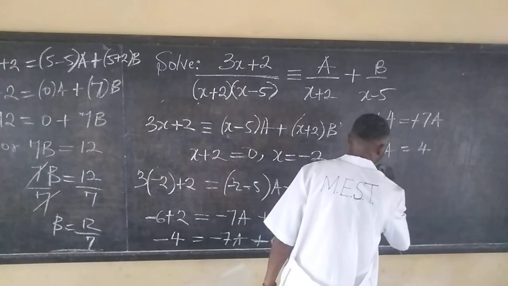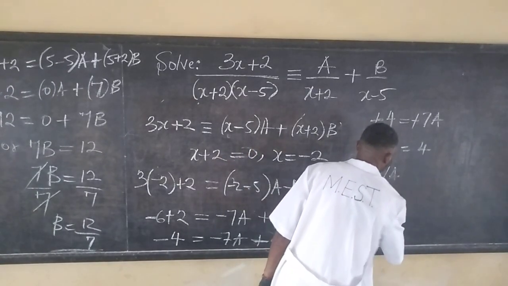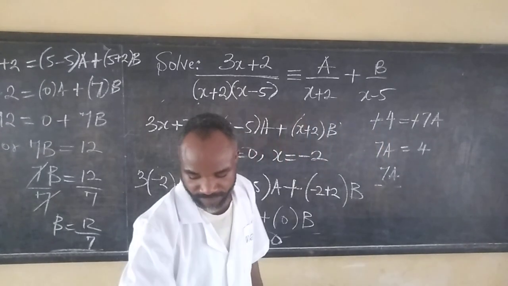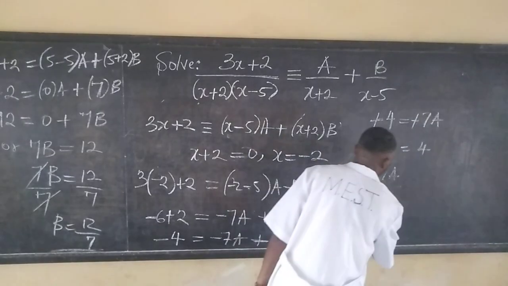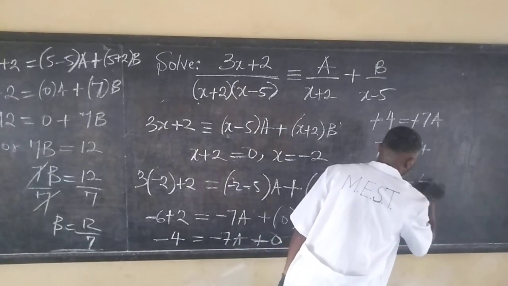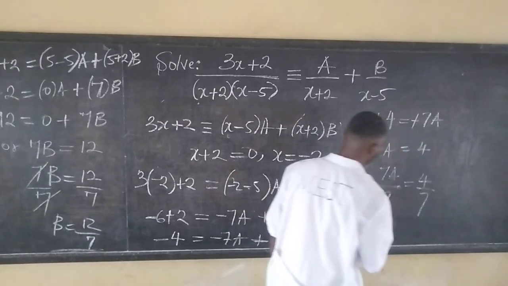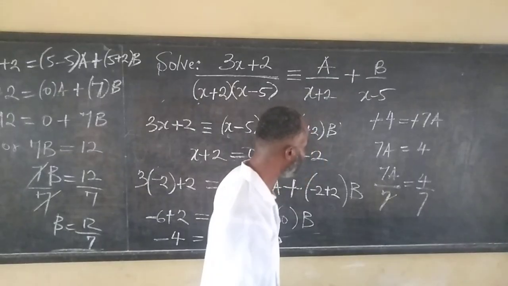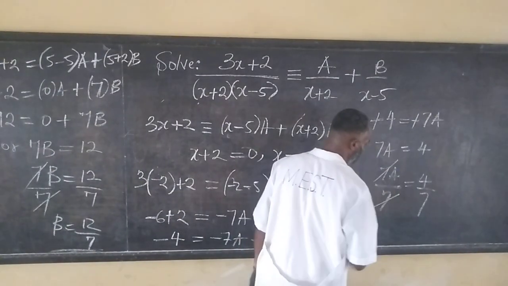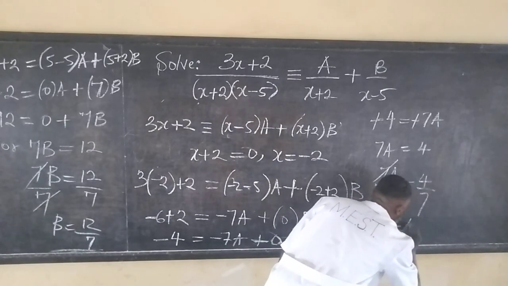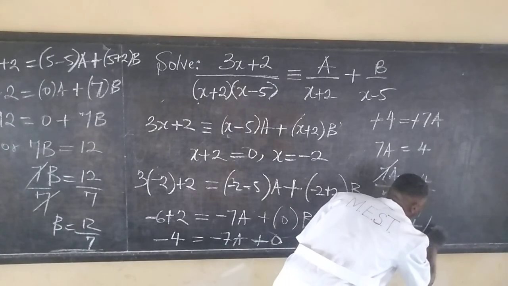It becomes 7a over 7, equal to 4 over 7. So this cancels out. We're done. We're through. Therefore, a is equal to 4 over 7.